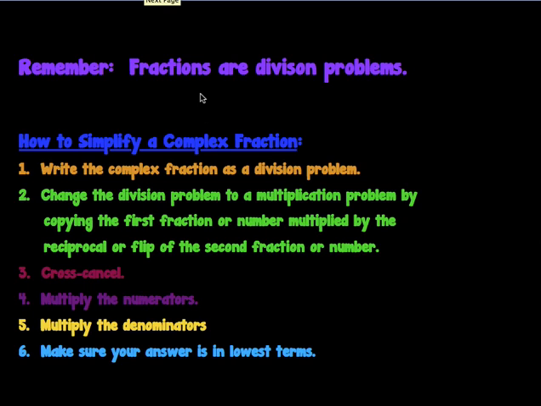Remember, fractions are the same as division problems. So how do we simplify a complex fraction? We write the complex fraction as a division problem first. Then we change the division problem to a multiplication problem by copying the first fraction or number multiplied by the reciprocal, or flip, of the second fraction or number.